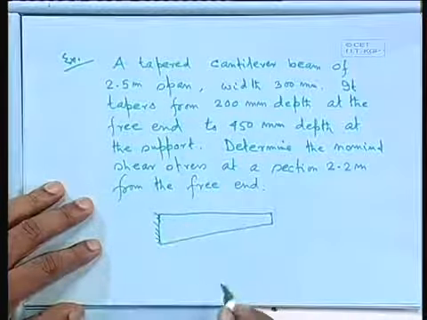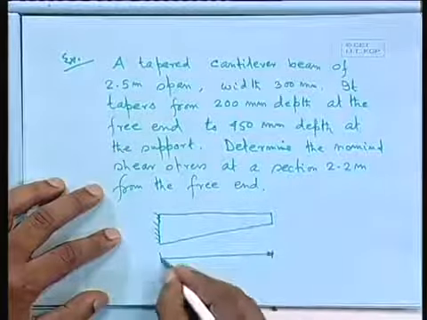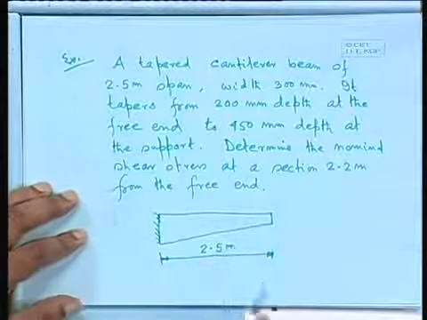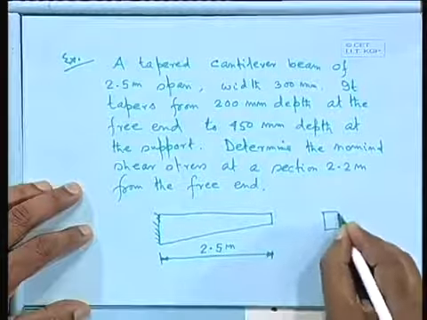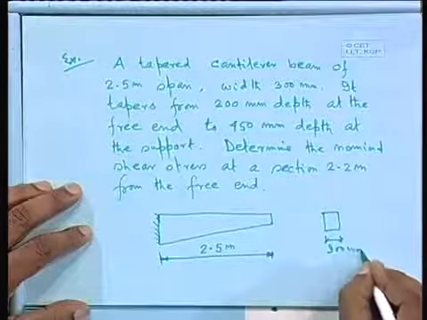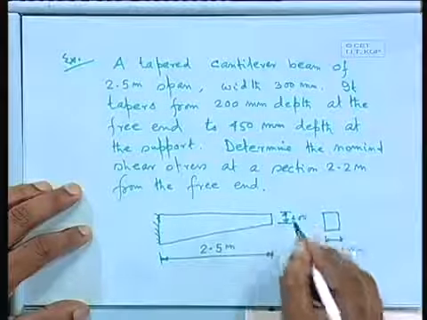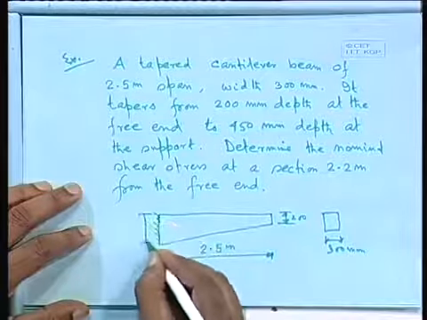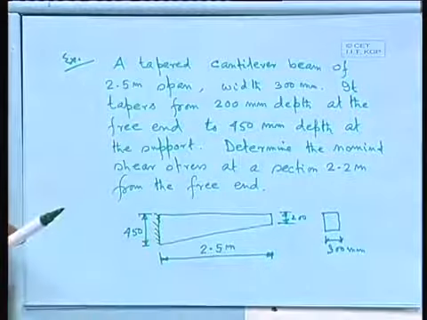Tapered cantilever beam of 2.5 meter span, this is 2.5 meter. Width, that cross sectional width, 300 millimeter, this is 200 at the free end and at the support 450. I think I have a figure.